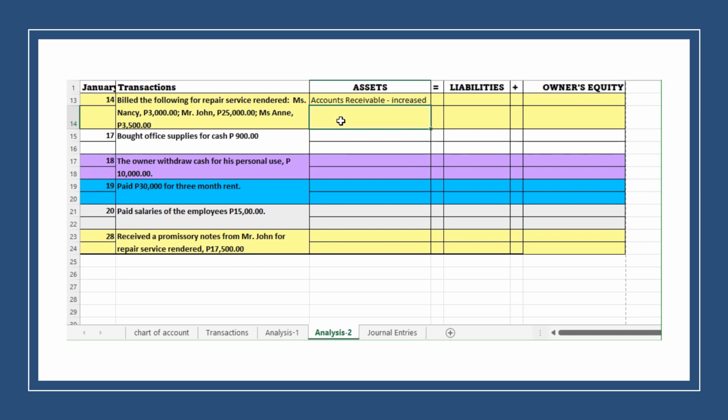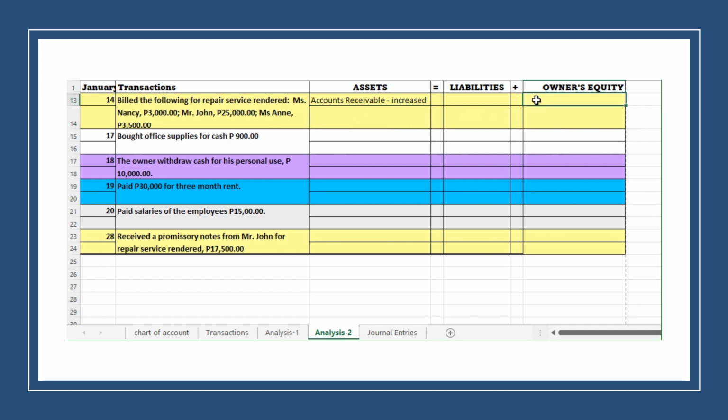Now, what is the other account that was affected by this transaction? Take note of the words repair service rendered. If it is the case, it is considered as an income.